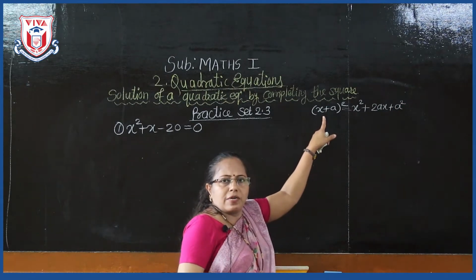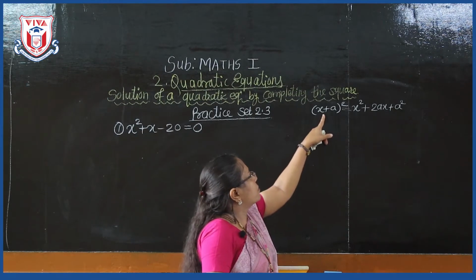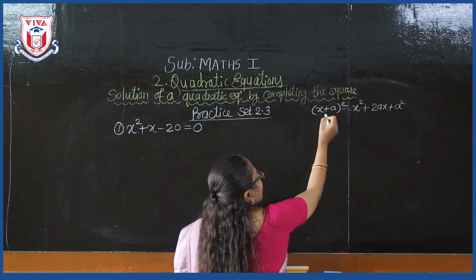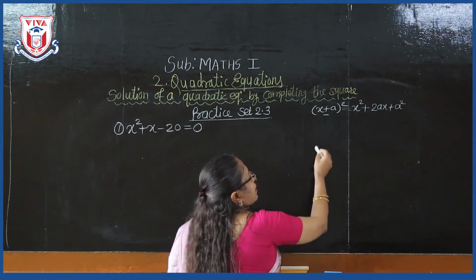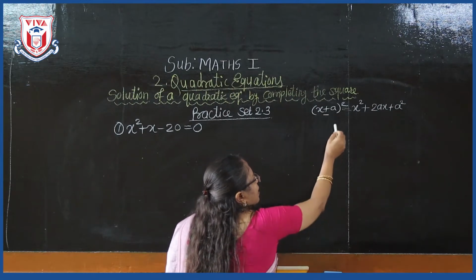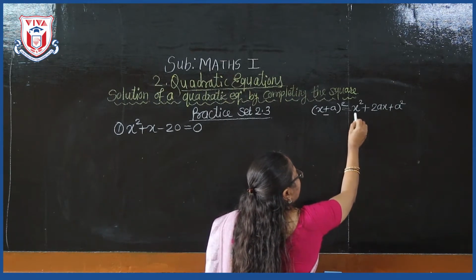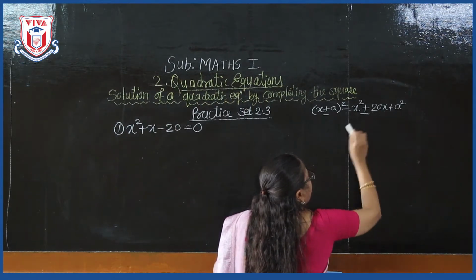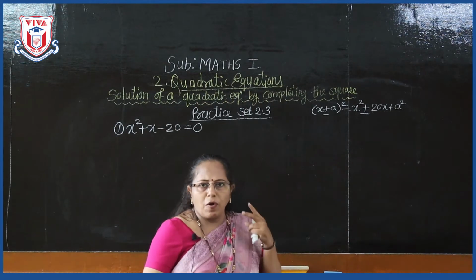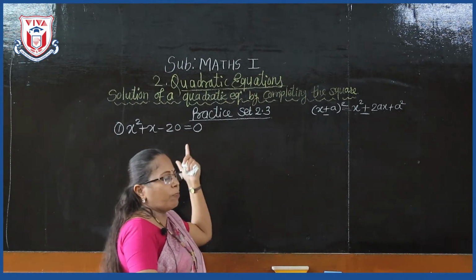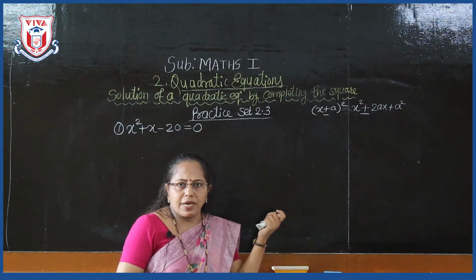This formula you studied in the previous standard, the square of a binomial. If instead of the plus sign, a minus sign is there, that means x minus a the whole square equals x square minus 2ax plus a square. So these two formulae you studied, and we have to apply them to make the complete square.